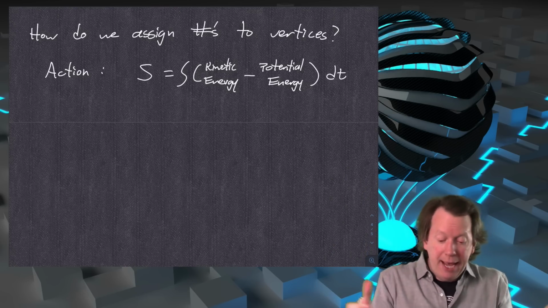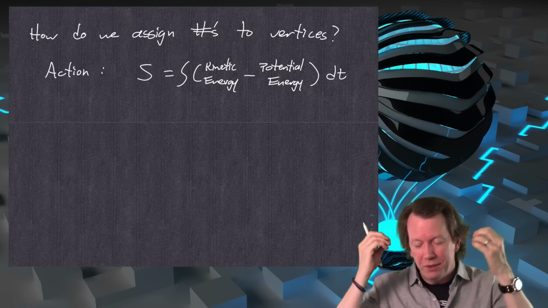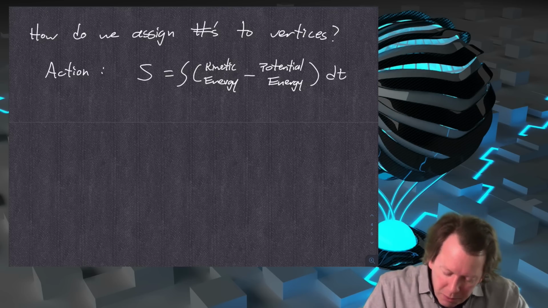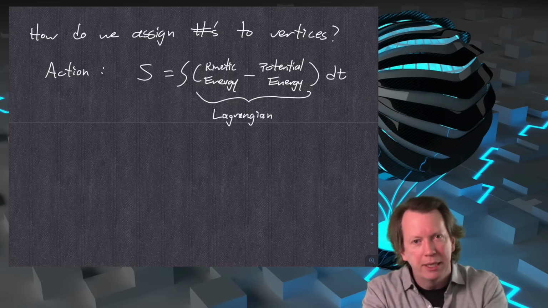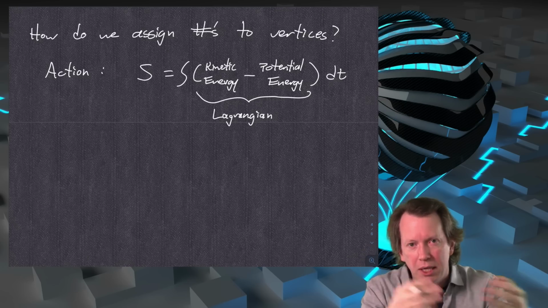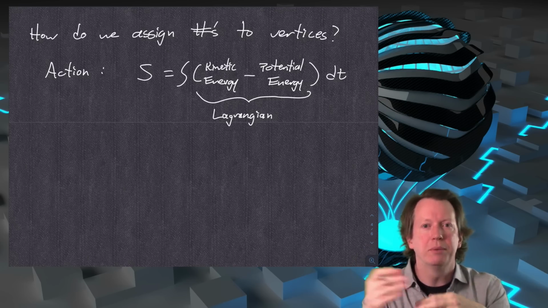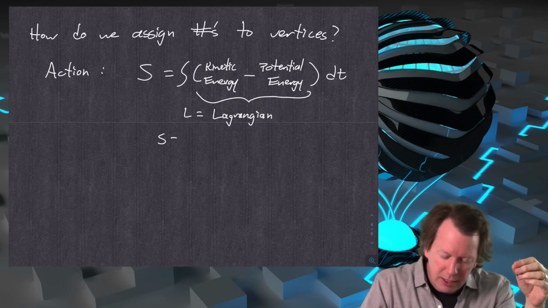Now, the fact that you integrate it over time is always true, so we often just forget the fact that we are integrating it over time. Again, that's implicit in our background knowledge, and we deal directly with this quantity, which is called the Lagrangian. The Lagrangian is just the kinetic energy minus potential energy. It's the thing you integrate over time to get the action. So you can write down S equals something, but it's much more common to write down L equals something. So S equals the integral of L dt.